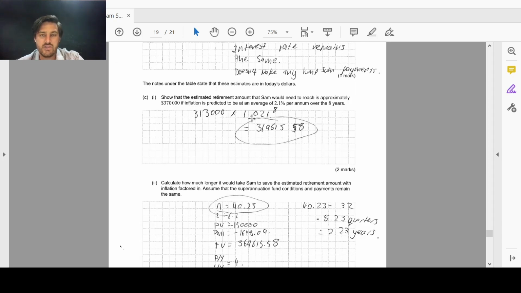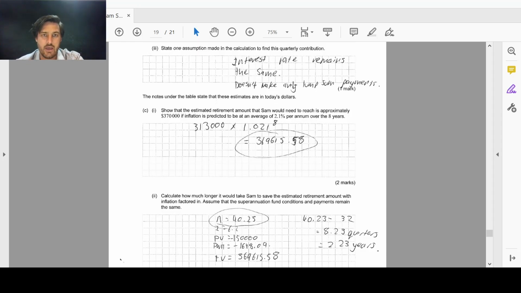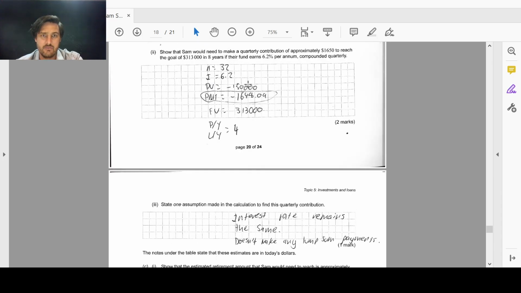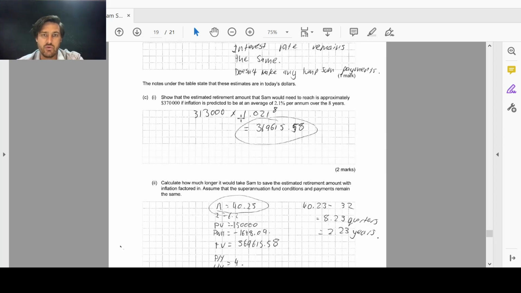Now, this one here is an inflation question. I know we haven't spent a whole lot of time on it, but all we need to do is that, okay, the initial goal is 313,000. If we factor in inflation, all we're doing is multiplying it by 1 point and then the percentage of inflation, 2.1%, and raising it to the power of how many years it is, okay?